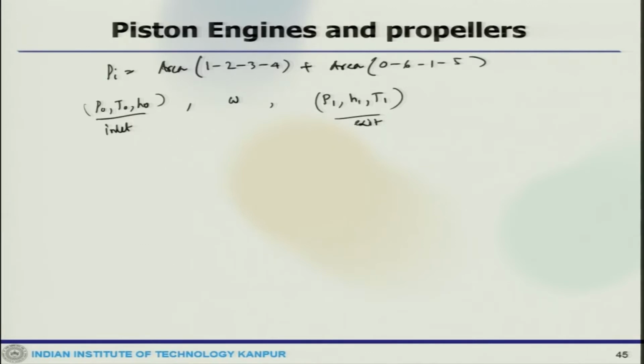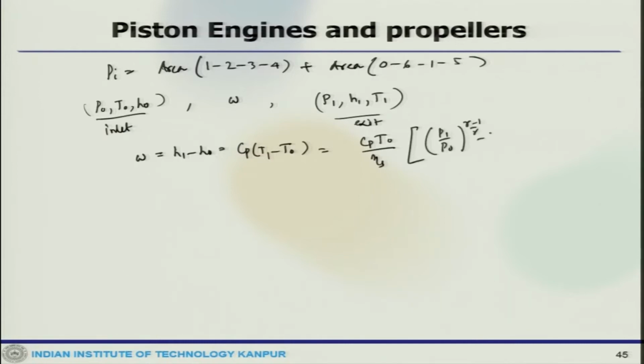From the PV diagram or the previous TS diagram, we can write H1 minus H naught, which is Cp times (T1 minus T naught), that is Cp T naught by eta s times ((P1 by P naught) to the power (gamma minus 1) by gamma minus 1), where eta s is the efficiency of the supercharger.